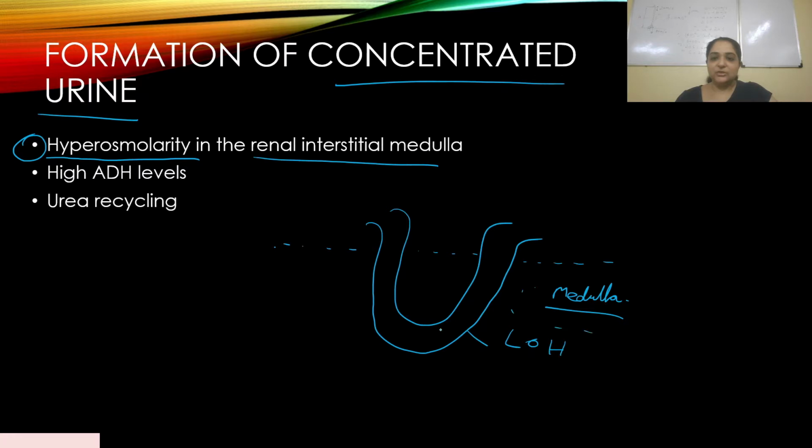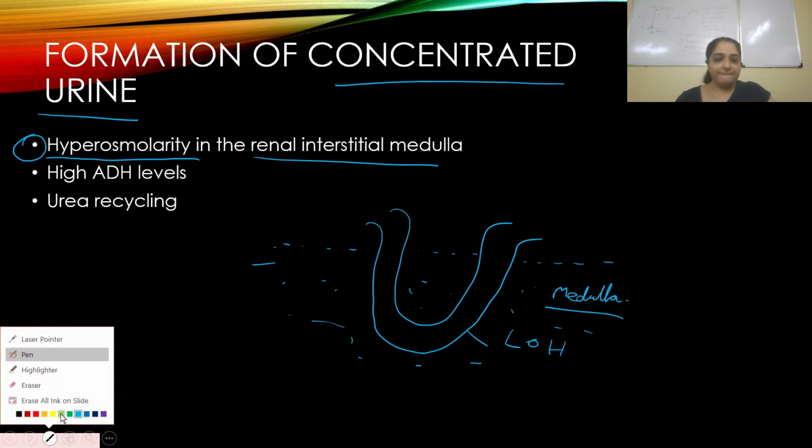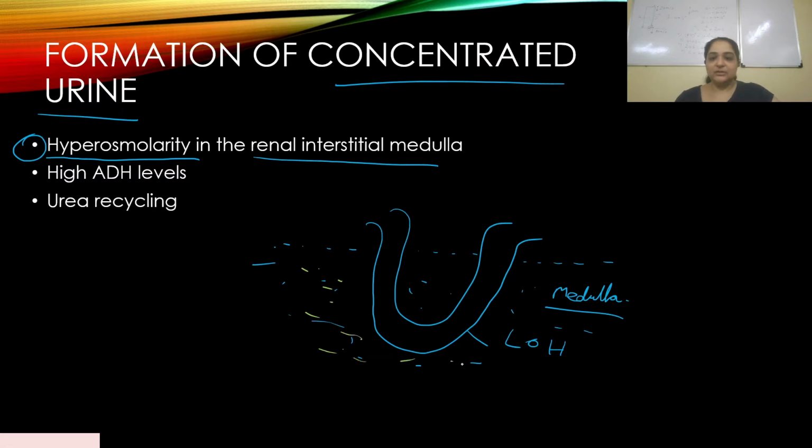This region over here is the interstitial part, the interstitial region of the renal medulla, and this is a hyperosmotic environment, which allows us to conserve water, and in turn form a concentrated urine. Now this is one part of how concentrated urine is formed.